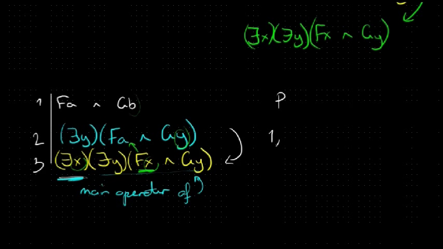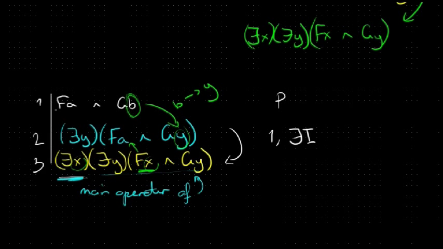All we were doing is taking this whole formula, replacing one of the variables, this constant B, with a Y, and then adding an existential quantifier at the front of this whole formula.